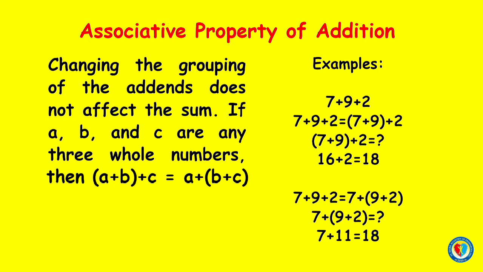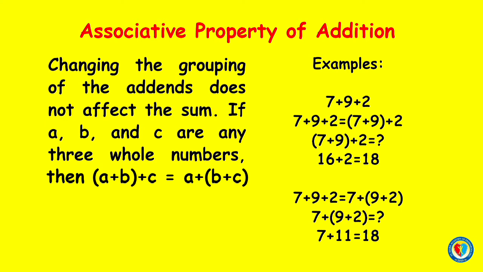Sometimes grouping the numbers differently will highlight the pattern that makes the problem easier to solve. Instead of grouping 7 and 9, we can group the 9 and the 2 inside the parentheses.